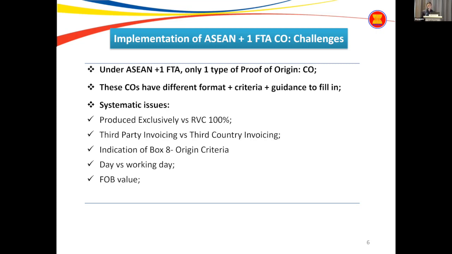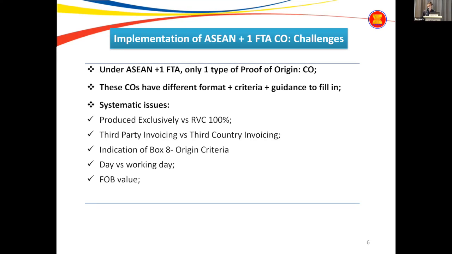Another example on third-party invoicing is what kind of FOB value I should put. You have the producer's FOB value, the first issuer of the invoice's FOB value, the second issuer's FOB value, and the last.